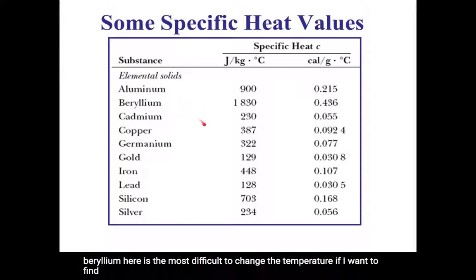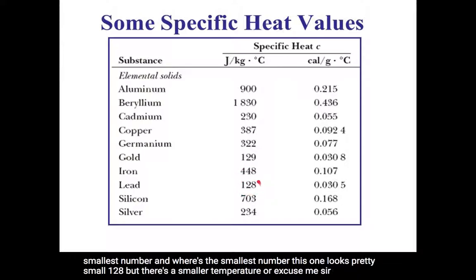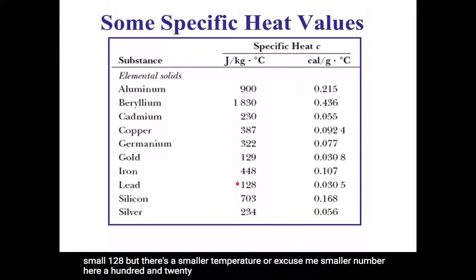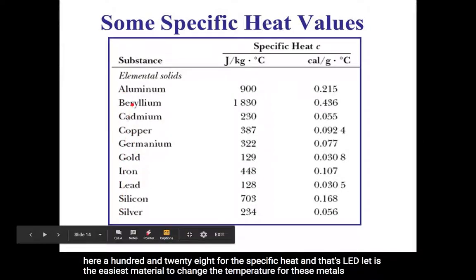If I want to find the easiest material to change the temperature, that would be the smallest number. And where's the smallest number? This one looks pretty small, 128, but there's a smaller number here, 128 for the specific heat, and that's lead. Lead is the easiest material to change the temperature for these metals.